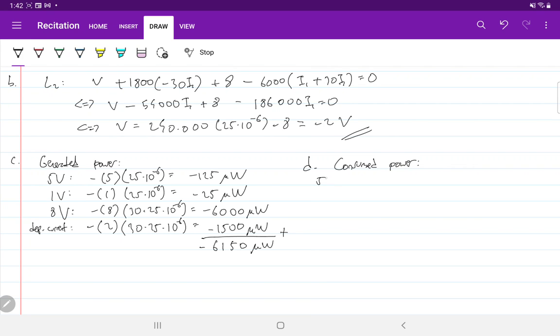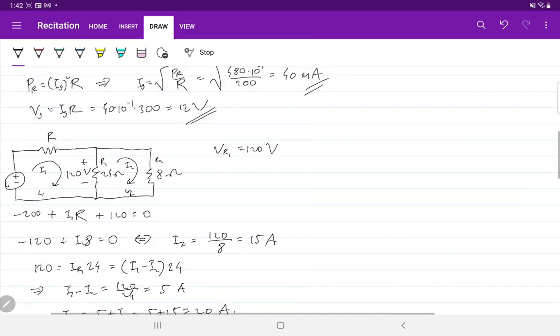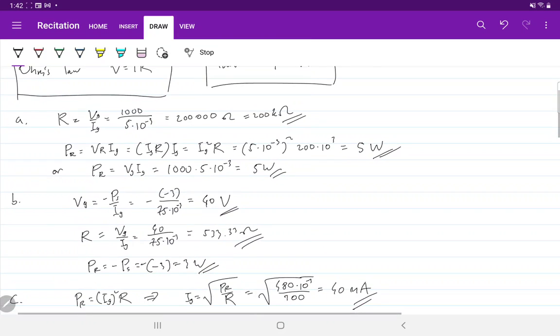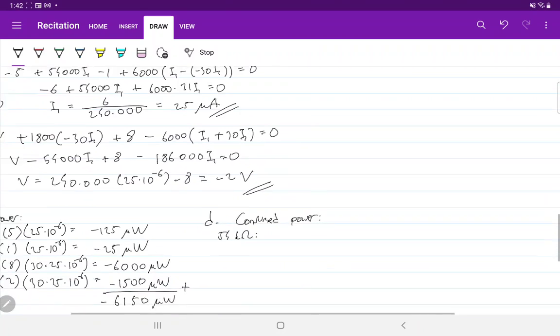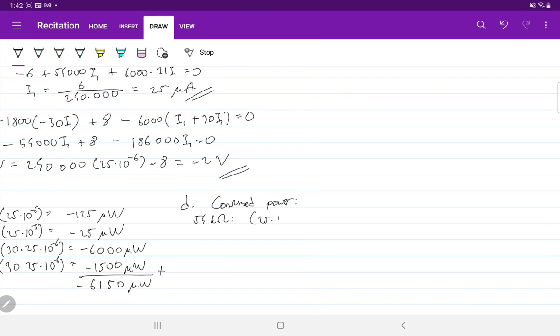How about the consumed power? We have the 54k resistor, so we'll be using this equation here. The consumed power for a resistor is I squared times R, so I at the 54k is I1, 25 micro, squared, times 54k, which is 33.75 microwatts.